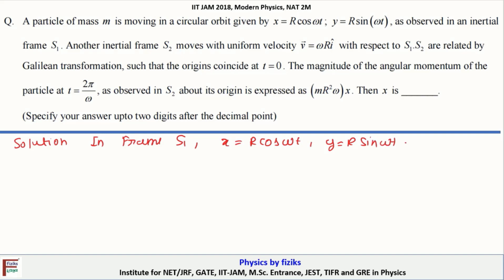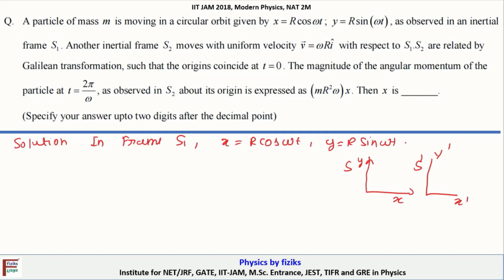Another inertial frame S2 moves with uniform velocity v = ωr i with respect to S1. So let us discuss. This is frame S, x, y. This is frame S dash, x dash, y dash.